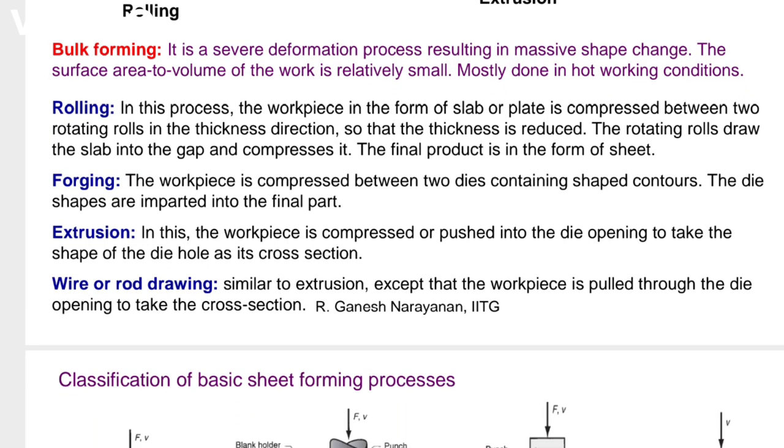Rolling is the process in which the workpiece, in the form of a slab or plate, is compressed between two rotating rolls in the thickness direction so that the thickness is reduced. The rotating rolls draw the slab into a gap and compress it. The final product is in the form of a sheet.